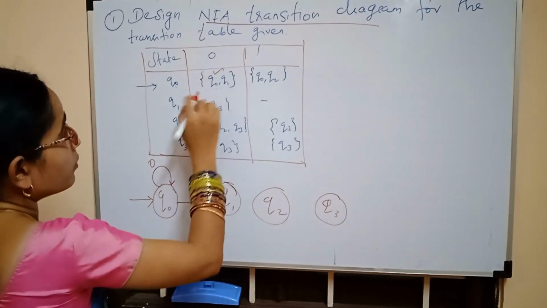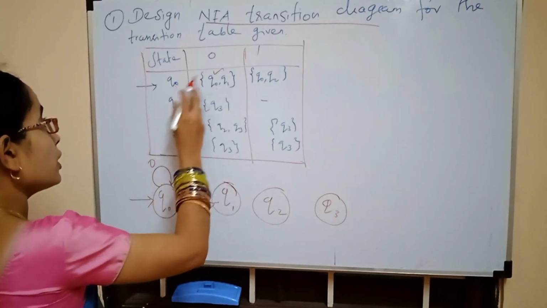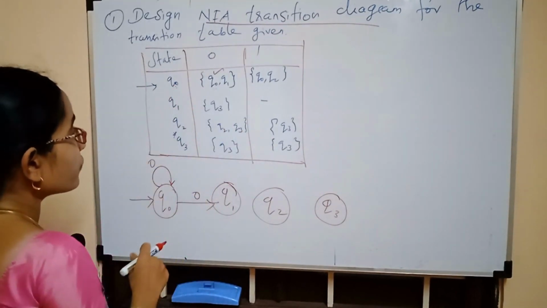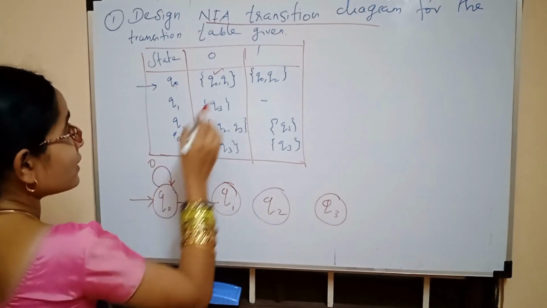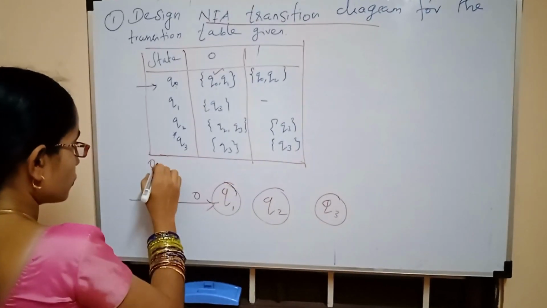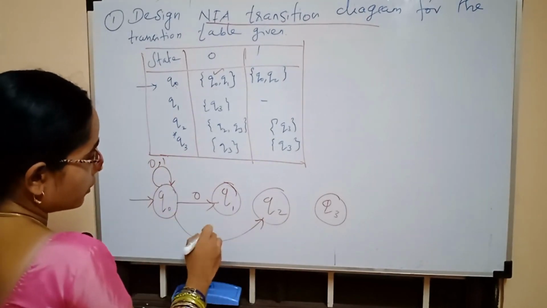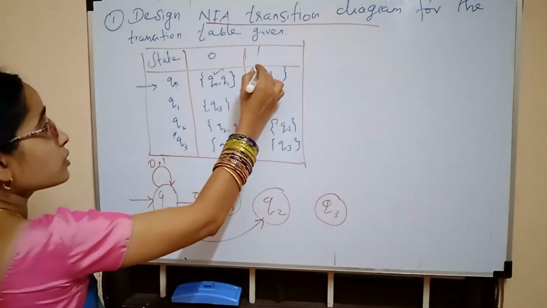Okay, this is completed. Next, Q0 comma 1. When you give input 1 on state Q0, it goes to Q0 as well as Q2. So I can make here 1 and Q2. Okay, this is over.